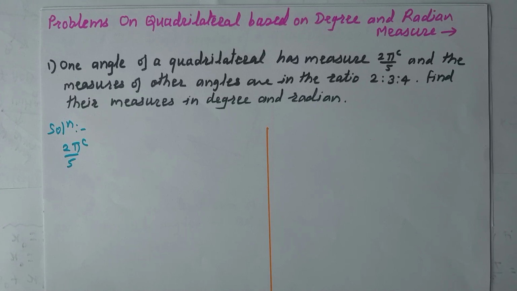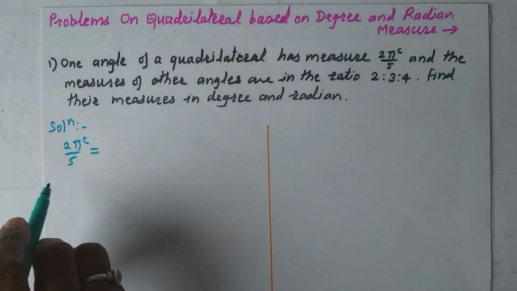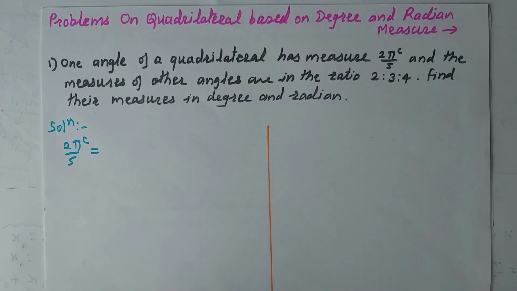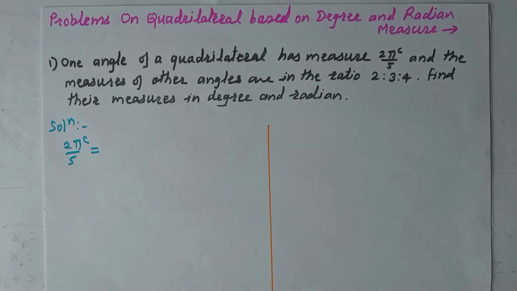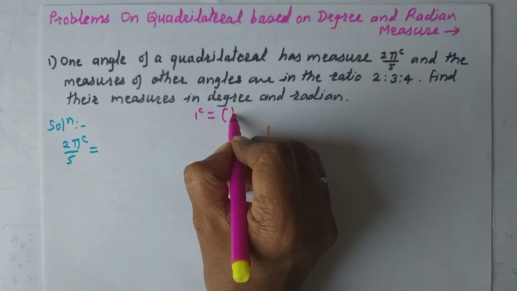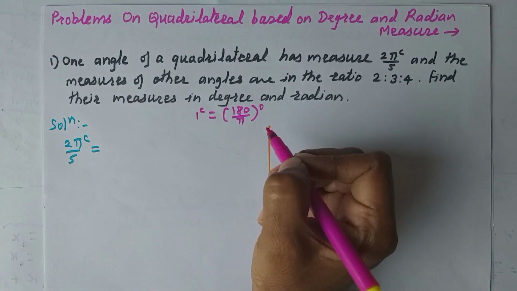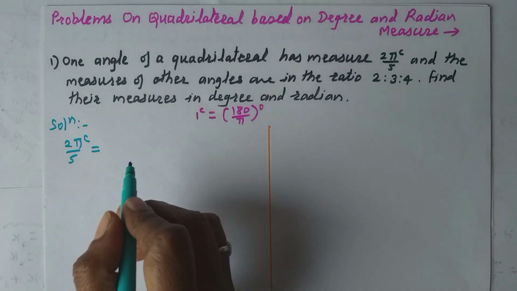Therefore, it is more convenient for you to take the angles in degree and first solve it. So for the convenience of students I am converting this radian angle into degree, and we know the formula that 1 radian is equivalent to 180 divided by pi degree. Then I will use this formula.